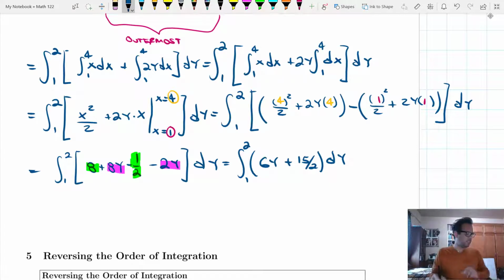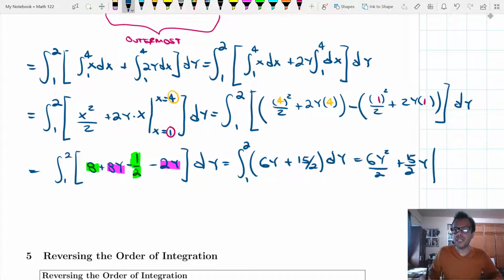So let's split this into two separate integrals, or maybe not. How about the integral of 6y? All we do is add 1 to the exponent, the invisible one that we have there. That is going to be 6y squared divided by 2 plus 15 halves of y. And this is evaluated again from y equals 1 to y equals 2.